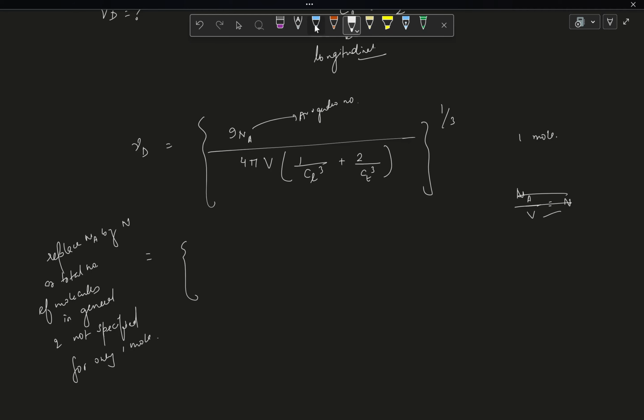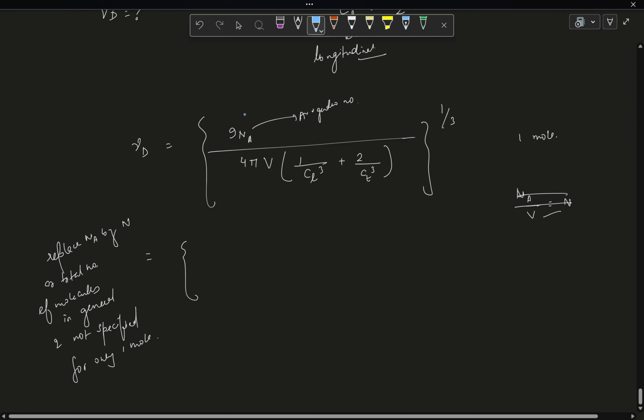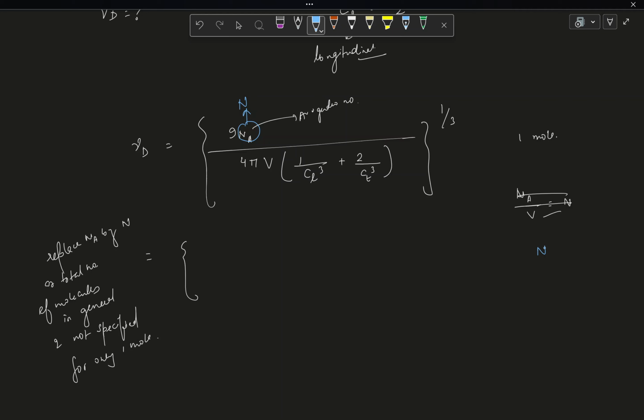So we'll do that. If you are not considering only 1 mole, for a general idea it will be N, right? And we have this information about N by V, which is small n, number density. So here this N by V we can take it together. Other values we know, so we'll put those values.